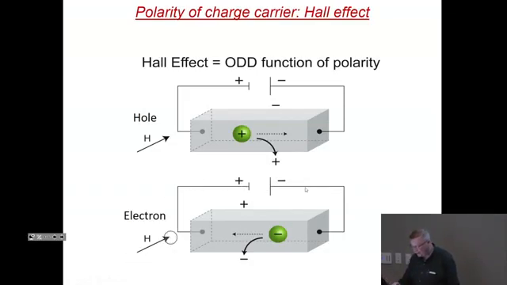You apply a magnetic field, so now the Lorentz force deviates the negative thing toward the bottom, and because you have the charge times the field and the velocity, now the bottom becomes more negative than the top when you have a negatively charged polarity and positive here, so the Hall effect is an odd function of polarity. The Hall effect can tell you what the polarity is for a carrier, whereas the resistivity cannot.